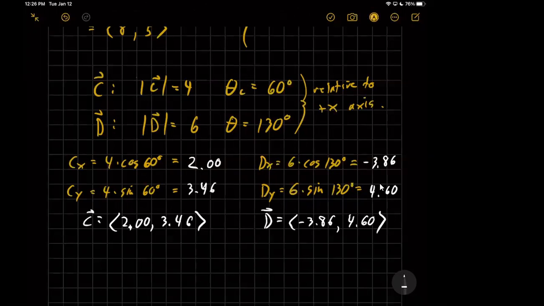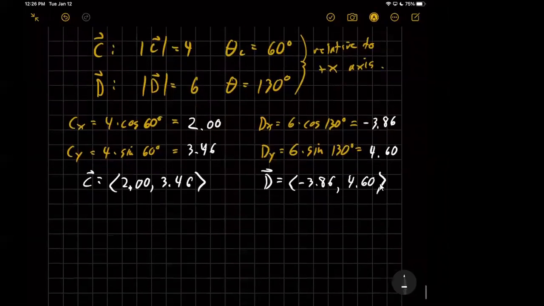Okay. Now it's pretty easy, now that I have those in this form, to see that C plus D, let's call this R, because we often talk about the resultant when we're adding vectors. So R is equal to C plus D. So when we add 2 and negative 3.86, that should end up giving me negative 1.86.